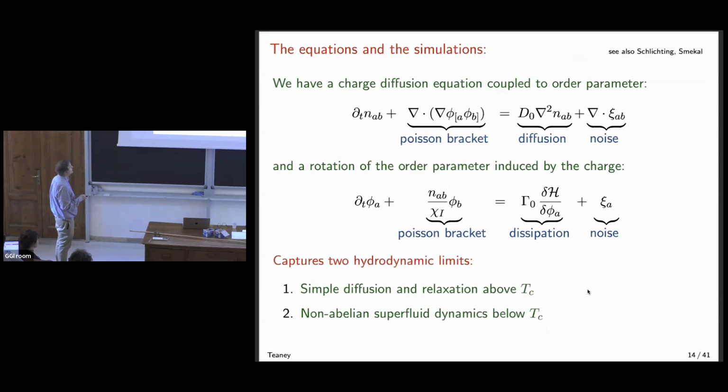So just writing this out a little bit more explicitly, if you look at the equations of motion, the charges are coupled to this order parameter, which carries some of the charged current. And then there's a diffusive part and noise.